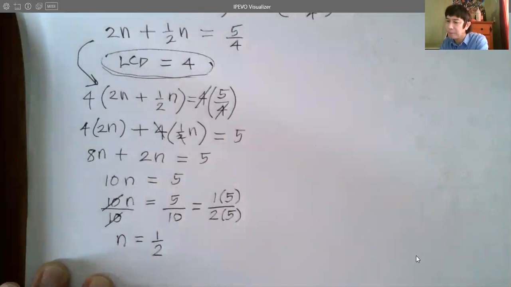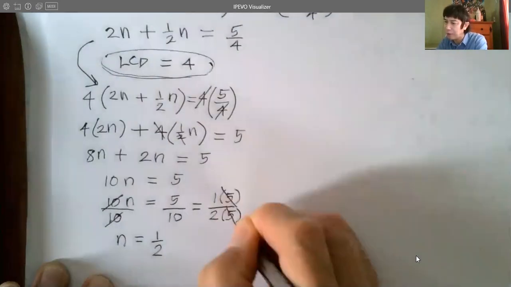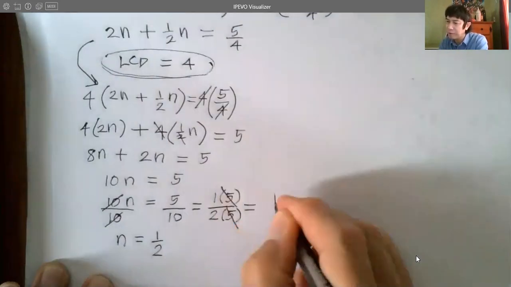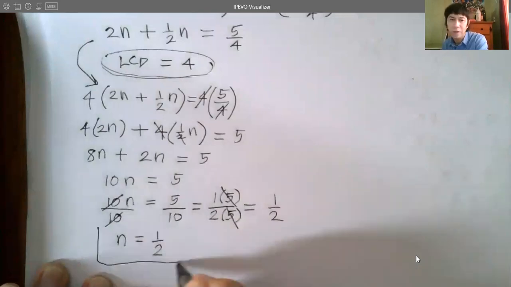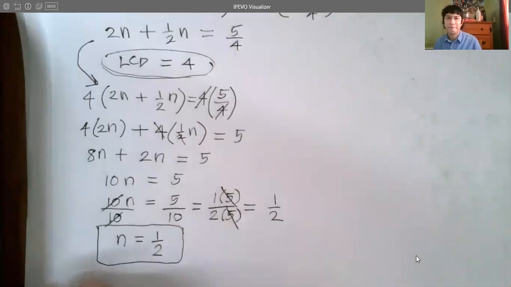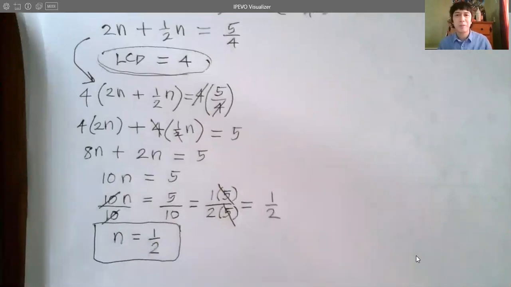It's a prime number. Now 10 is a composite number with factors 1, 5, and 2. Okay, we don't usually write the number 1 anymore. So 10 is 2 times 5. Now you can see the 5 cancels out with the 5, and we are left with a 1/2. That's why our answer is 1/2 there.